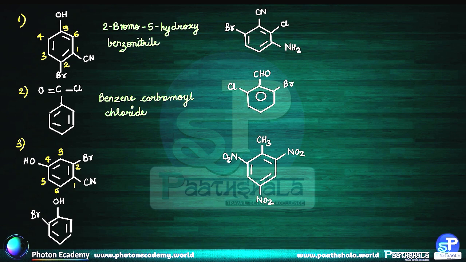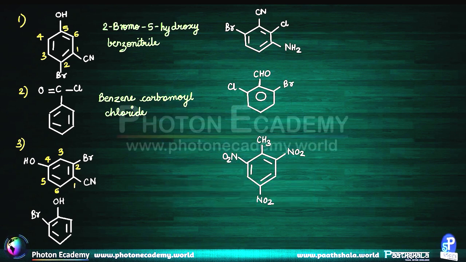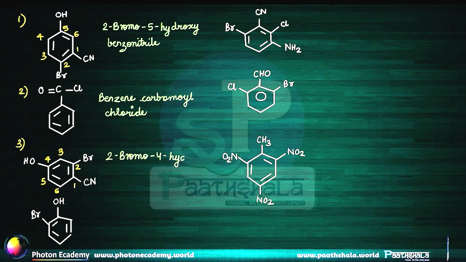So in this particular question, we have 4-hydroxy and at 2 we have bromo. So the name of this compound is 2-bromo-4-hydroxy, and then we have this CN with this whole benzene ring called benzonitrile. So this is the name of the compound.